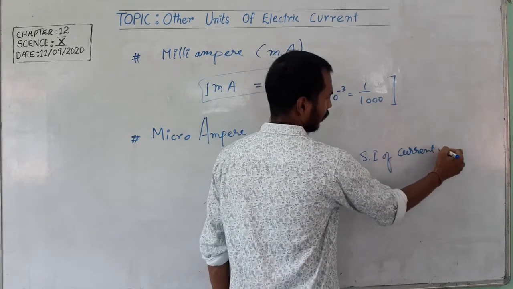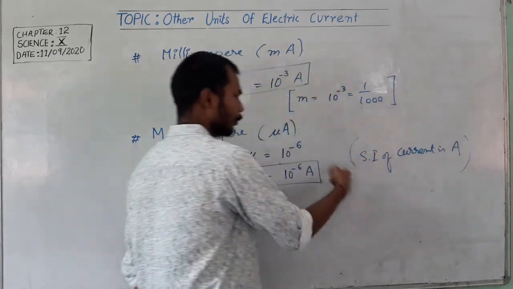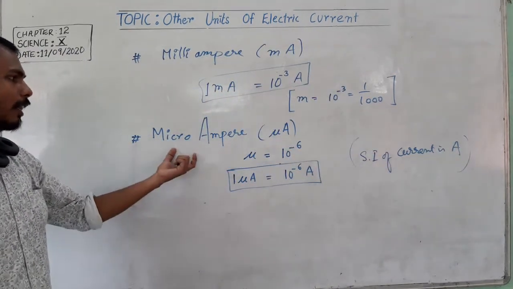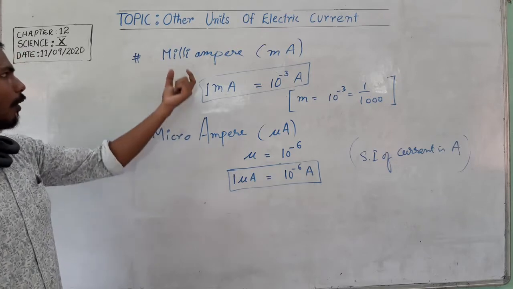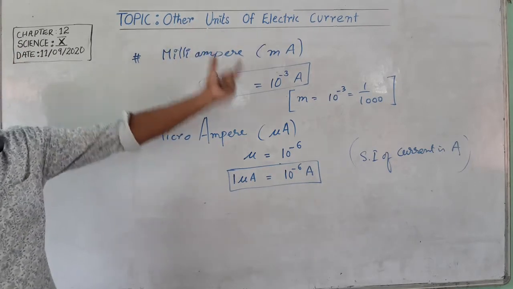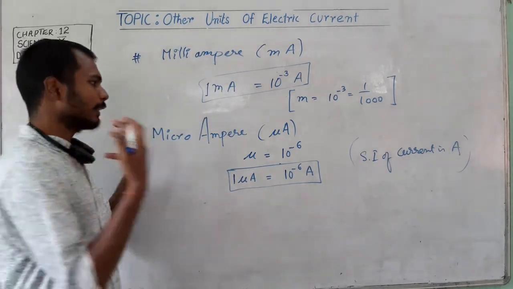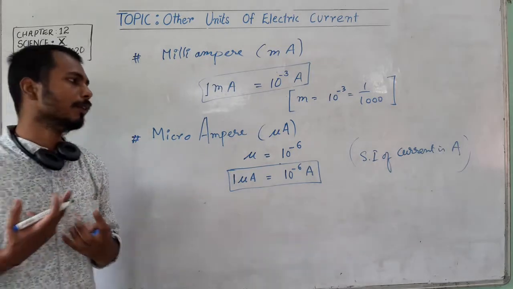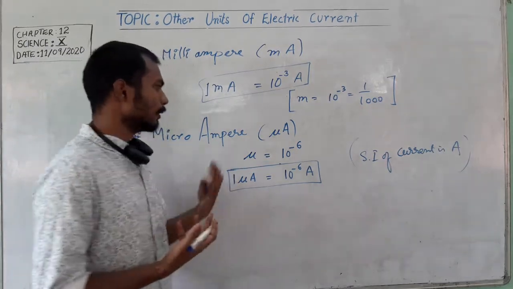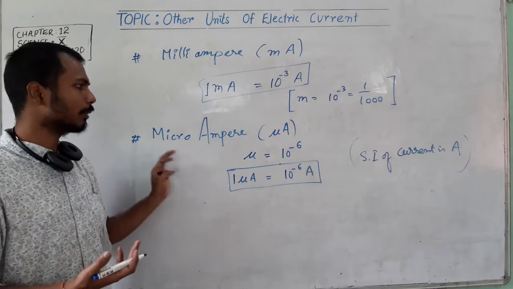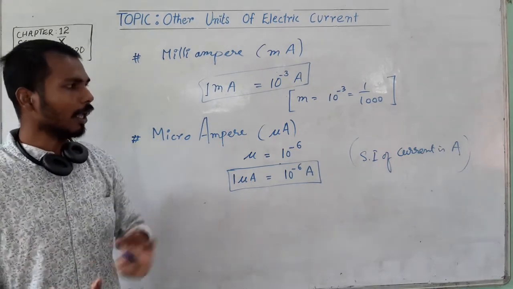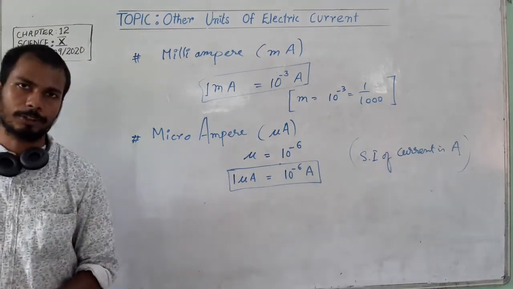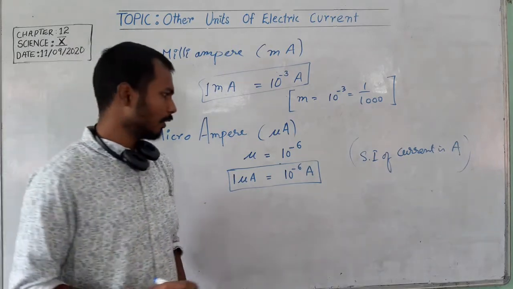So we have to convert any other unit, that is microampere or milliampere, into ampere before calculating, when we solve numericals. So we have to replace milliampere and microampere with ampere because ampere is the SI unit. Got it?